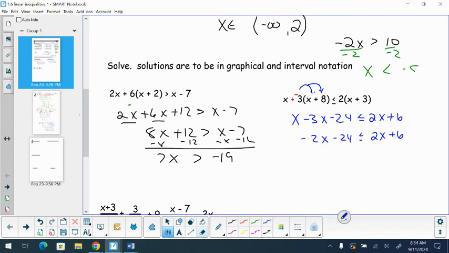Okay, I throw this up here for you to check, or you can check with the people around you. Yep. Solution should be, once again, practice writing your interval notation here. Okay, what's your interval notation?